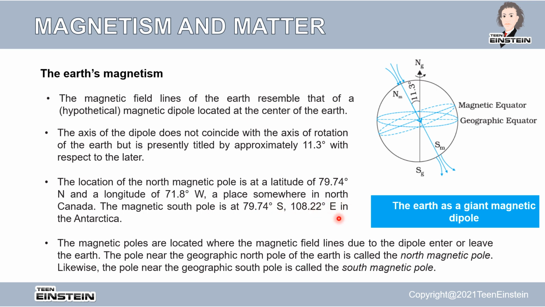So this is the location of magnetic North Pole and the South Pole. These magnetic poles are located where the magnetic field lines due to the dipole enter or leave the Earth. The pole near the geographic north pole of the Earth is called the north magnetic pole. Likewise, the pole near the geographic south pole is called the south magnetic pole.